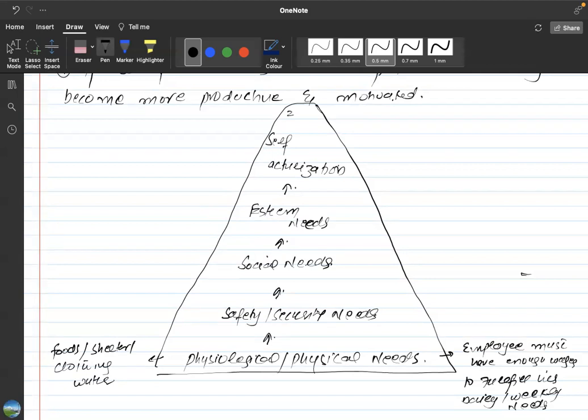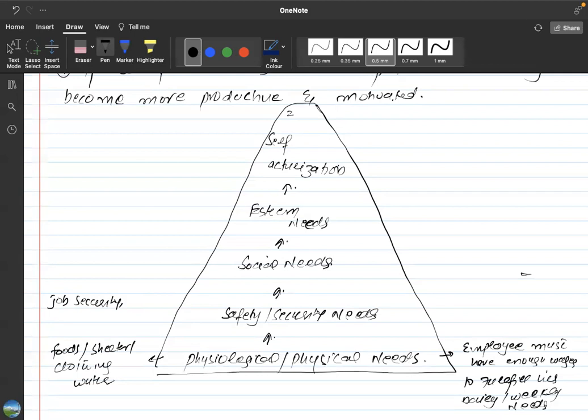The second set of needs are the safety or security needs. Maslow's point of view is that only if the first set of needs is achieved, then the second set of needs will be created inside an employee, and we have to fulfill that. That second set is safety or security needs. This is job security and health security at work. Job security means employees won't be sacked from the job every day without a reason.